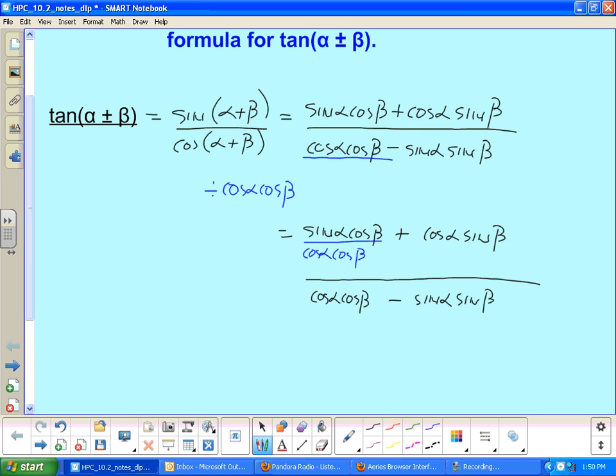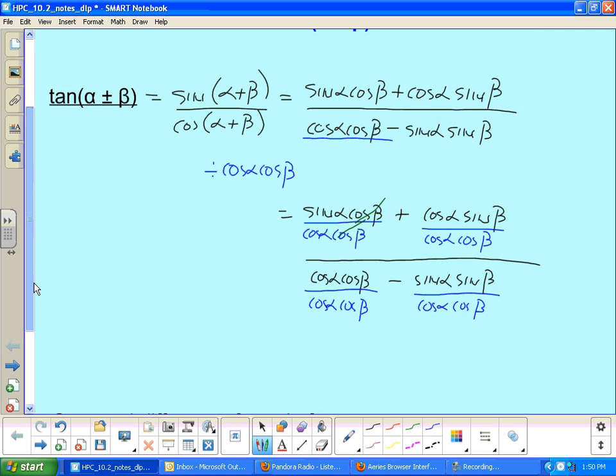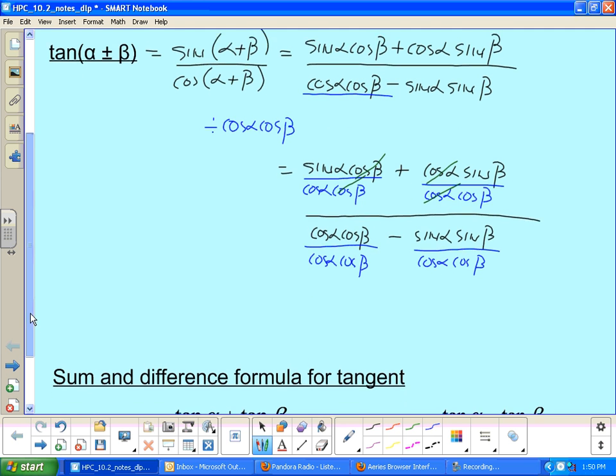You're going to see some things cancel for each of these. So we simplify this. For the first product, the cosine betas disappear, and we just get a sine over cosine, which is a what? Tangent, right? Cosine alpha, and again, leaving you with a sine over cosine, another tangent value there.